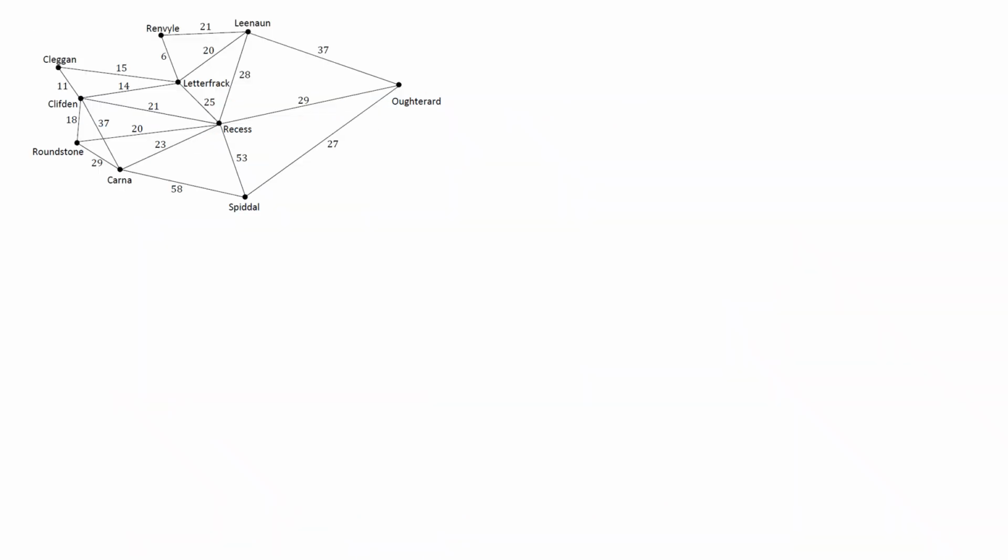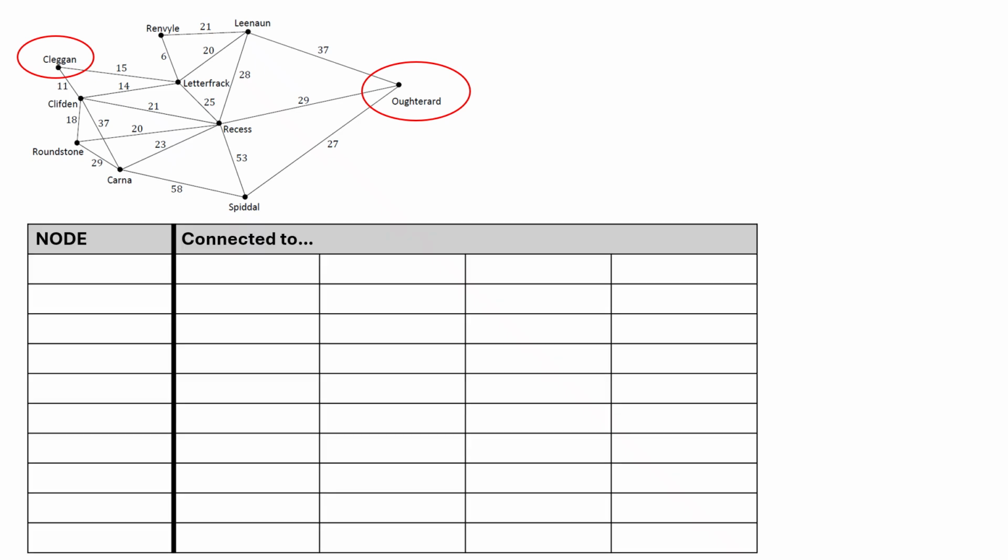Okay, I'm going to use the list method here to do Dijkstra's algorithm. I find it's much more efficient. We don't really have space on the graphs to work. It's very quick, but there are other methods. So if we start here at Utrecht, then we want to get over here to Cleggan. I've highlighted them for myself because, if you're anything like me, having a C to end on, you could accidentally end up in Clifton instead of Cleggan, especially with the CLs.